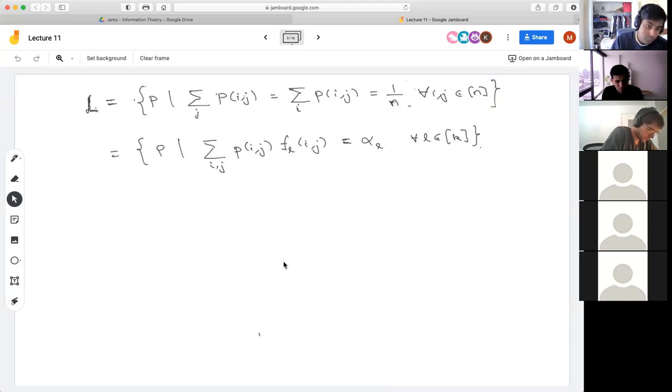And I claim that we can write it as a linear family in the form that we have looked at before. But I'll ask you to tell me what the functions are that we should be talking about. So can we write the first condition in the form written in the second line for some specific choice of functions f sub l?